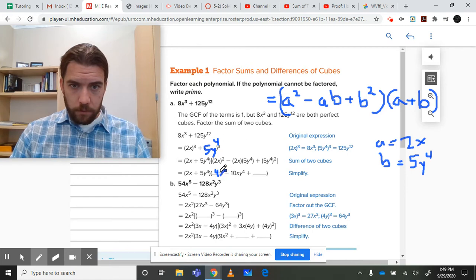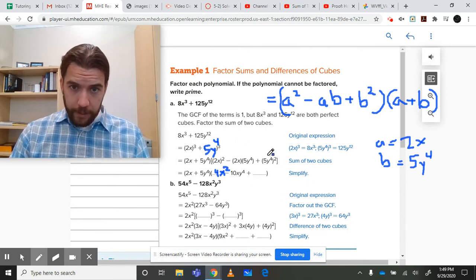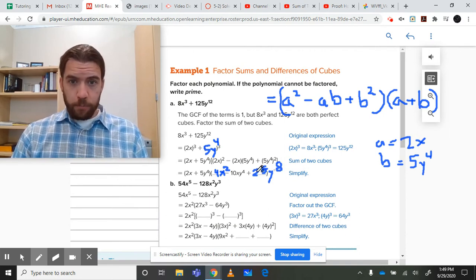The quantity 2x squared is equal to 4x squared. And the quantity 5y to the 4th squared would be 25y to the 8th. The 5 gets squared, and the y to the 4th gets squared. At this point, this is our final answer, the factored form of this sum of cubes.